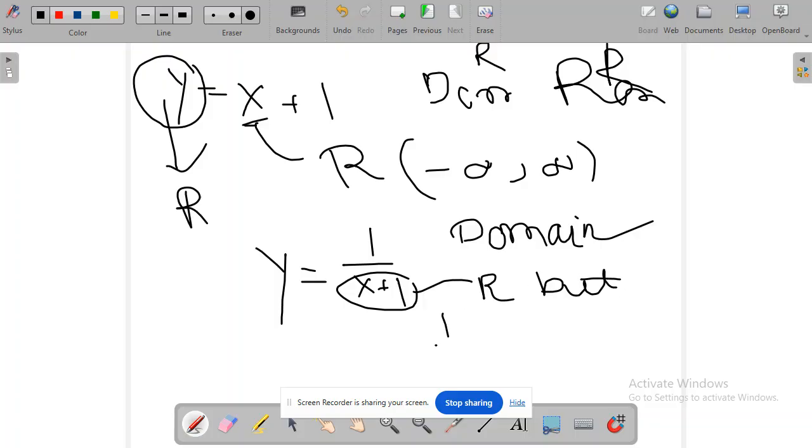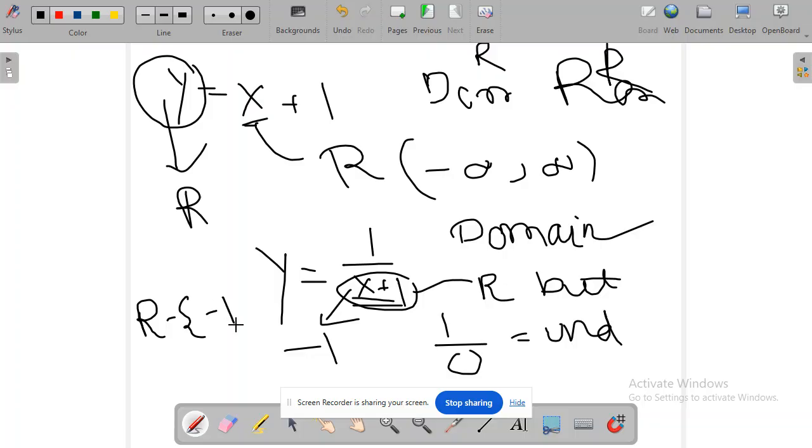When I divide something by zero, it becomes undefined, right? So I have to ensure that the denominator does not become zero, and this part becomes zero at minus one. So its domain will be all real numbers minus {-1}.